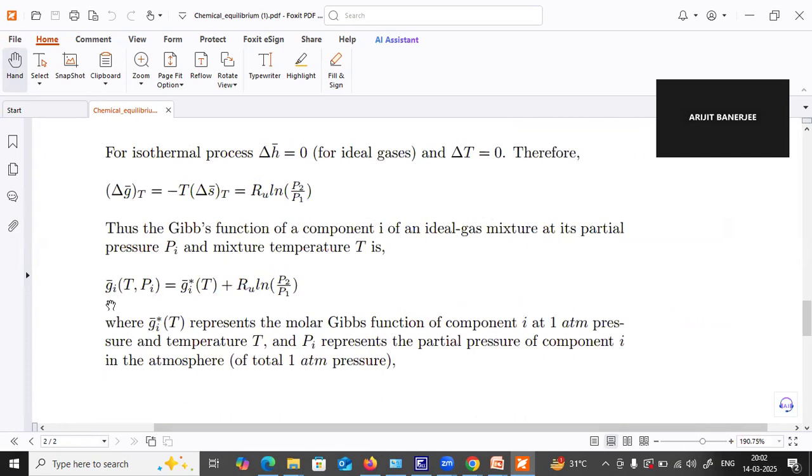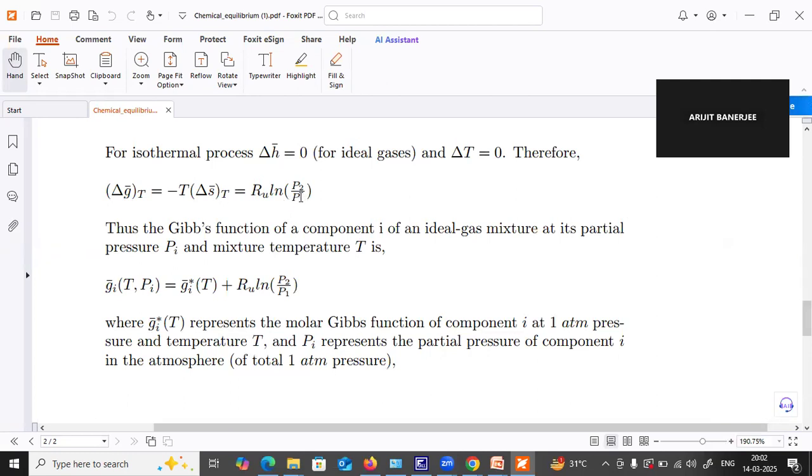Now I write it in terms of the differences. So it is delta, that is finite change. This is the term due to the change of pressure, P2 by P1, and the temperature is fixed. So change of pressure means what? Pressure from a particular known pressure to some unknown pressure.